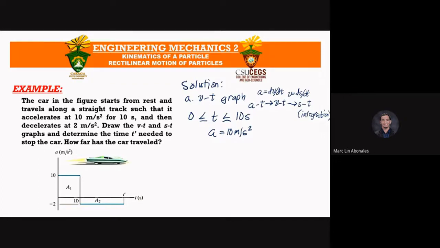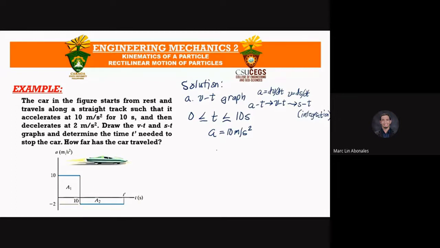So the horizontal line will be the equation for your acceleration. So let us determine the expression for your velocity using this a equal to 10 meters per second squared.